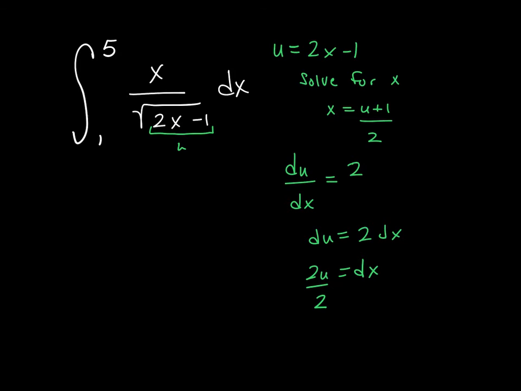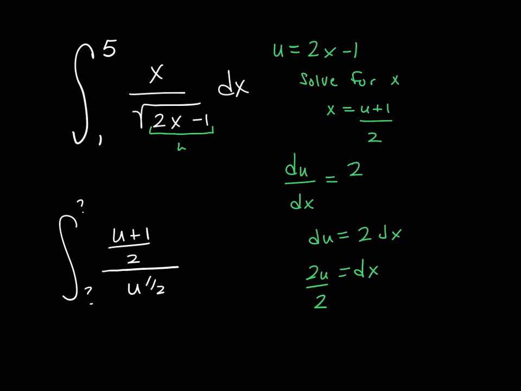Let me go back and put that dx inside there. You absolutely have to have that. We remember to change those in a second before I put that in. So we do have a complex fraction here. So x is equal to u plus 1 over 2, all divided by u to the 1/2 power.